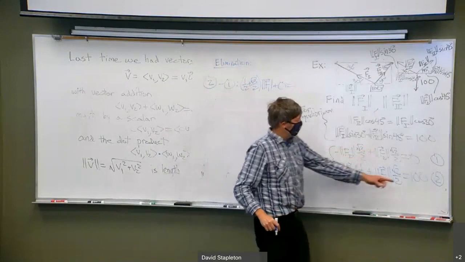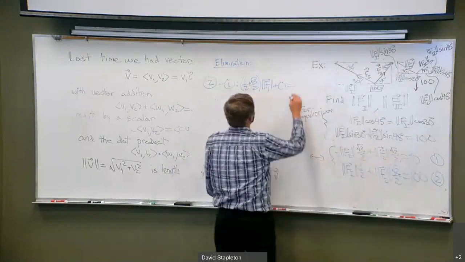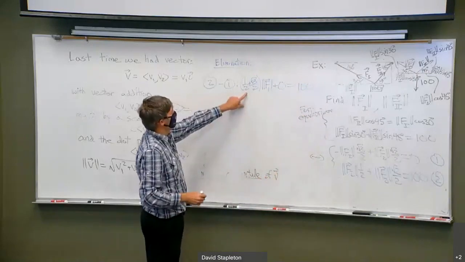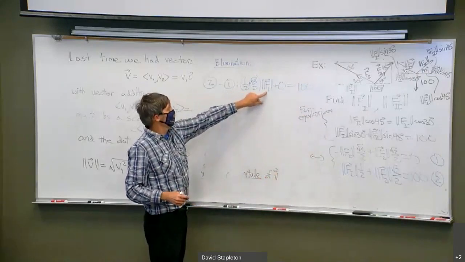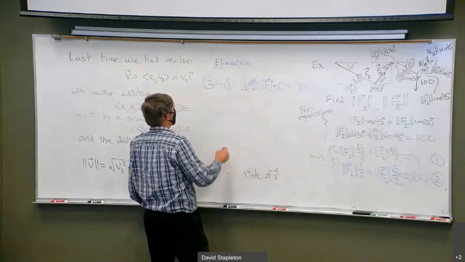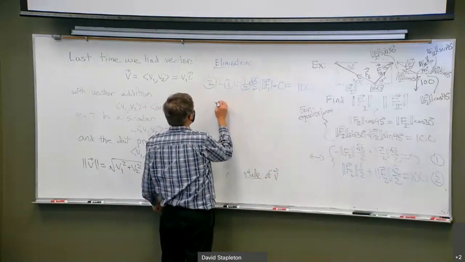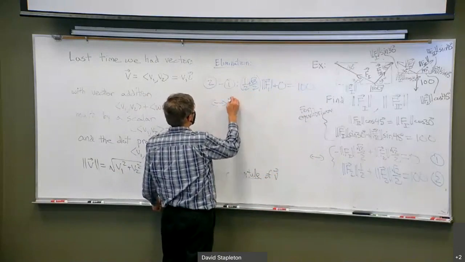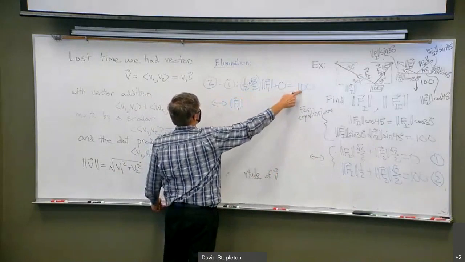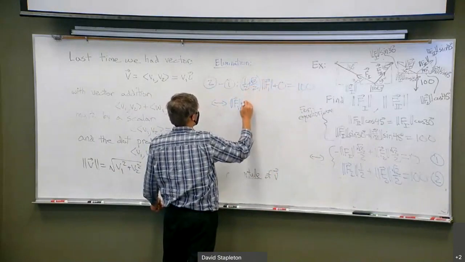And over here, I take this one minus this one, and I get 100. Now I've reduced this to one unknown in the equation. All I have to do is divide through by this number, or multiply by its reciprocal. And I get that the length of F1 has to be 100 times the reciprocal of this.